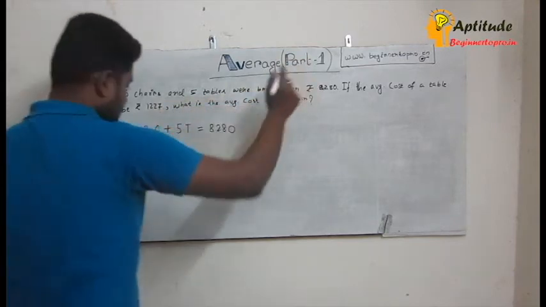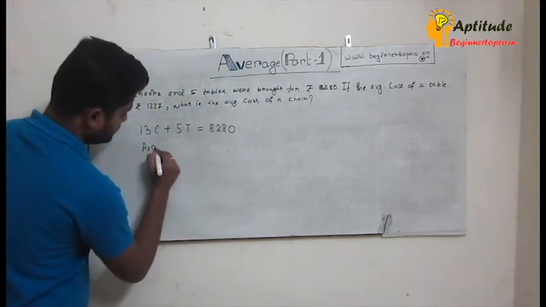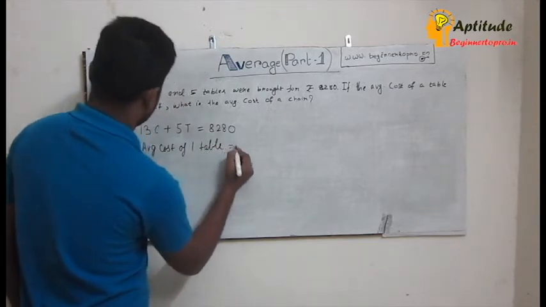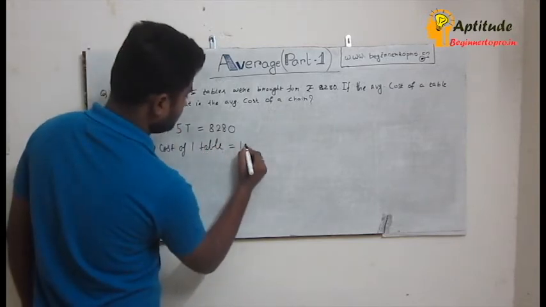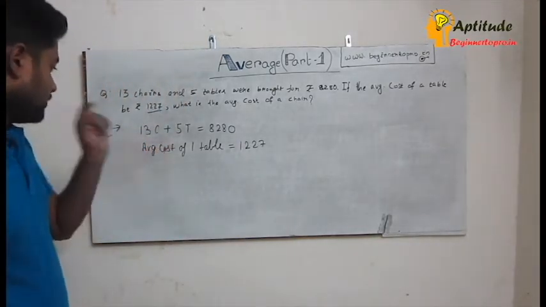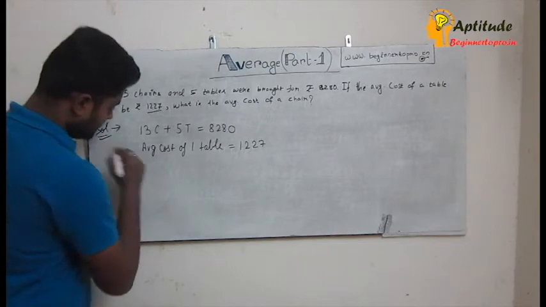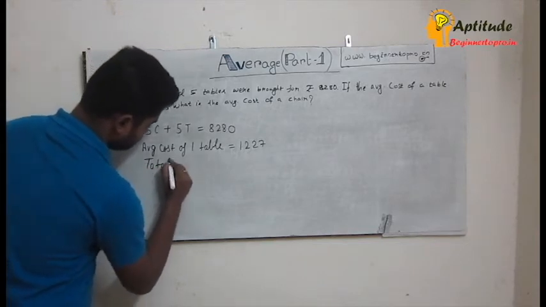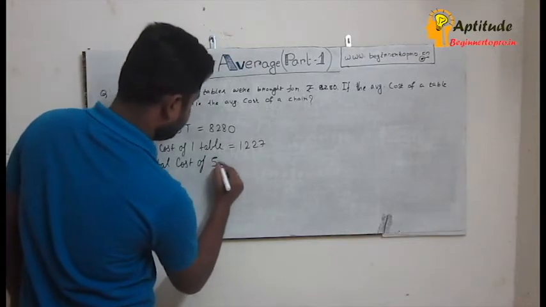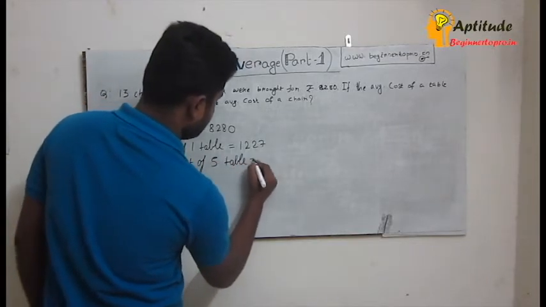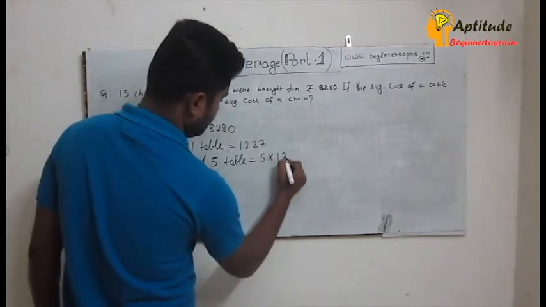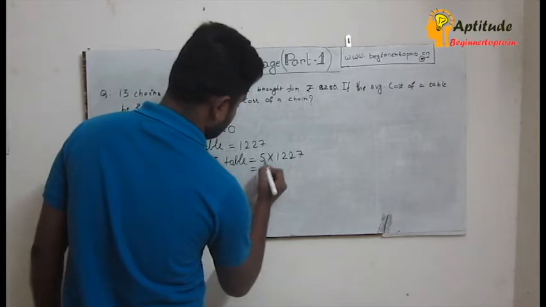Okay. Now the average cost of a table is given, that is, the average cost of one table. The average cost of one table is rupees 1,227. So from this statement, can we say that the total cost of 5 tables will be nothing but 5 multiplied by 1227?